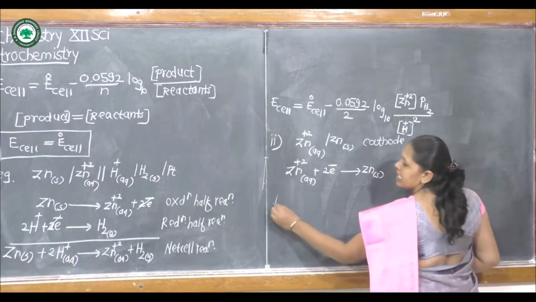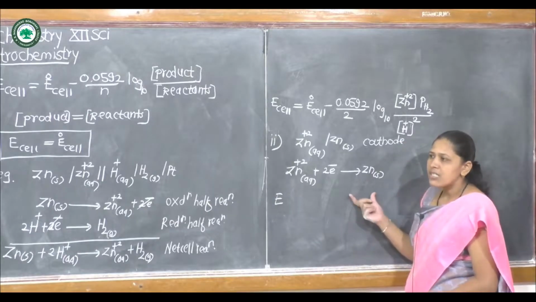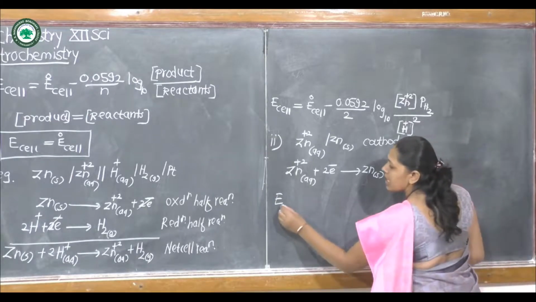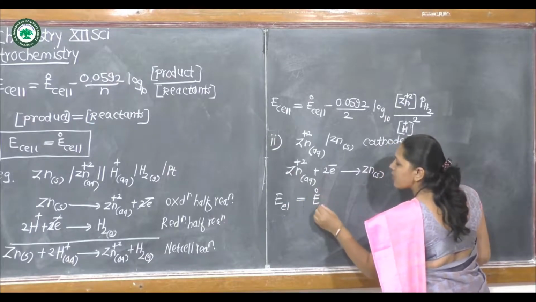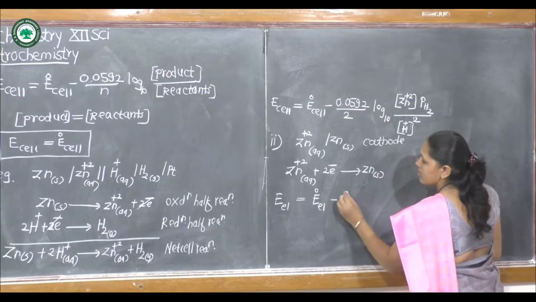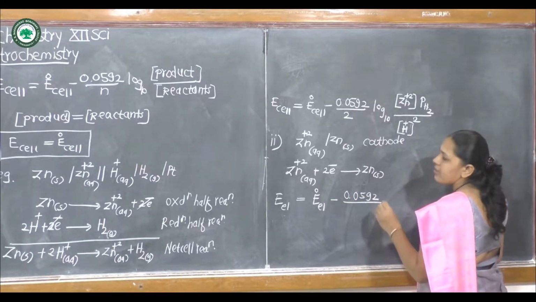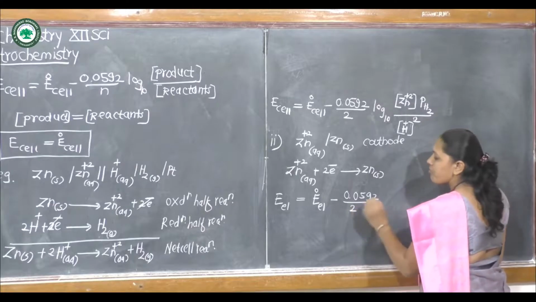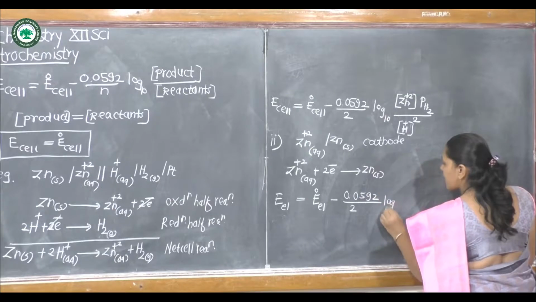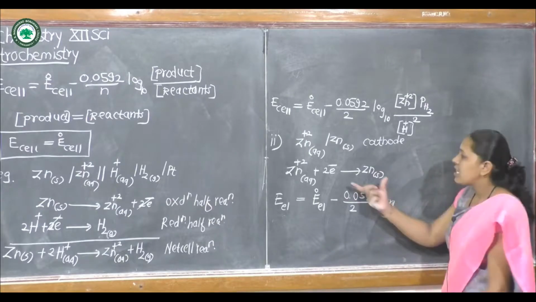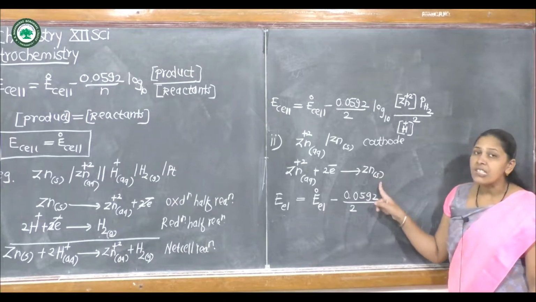Therefore E cell, here not E cell because it is a single electrode, therefore E electrode is equal to E0 electrode minus 0.0592 divided by n, that means value of n is equal to 2 log to the base 10. In this reaction, the product is zinc solid.